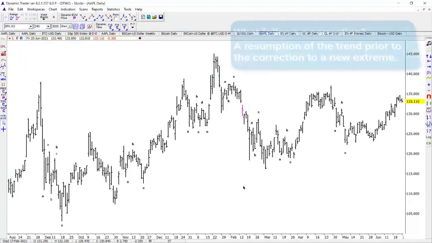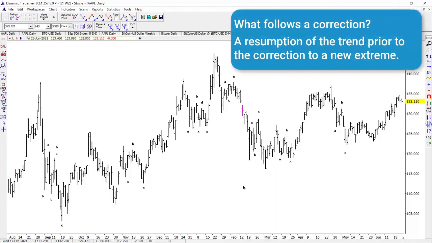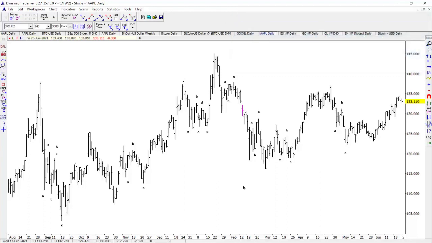And what follows a correction? This is why you might want to focus on identifying corrections, is that when a correction is complete, the trend prior to the correction continues to a new extreme. So boy, if you can identify the end of those corrections, you got a heck of a trade strategy.